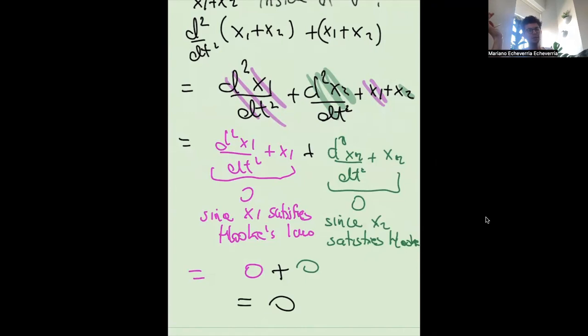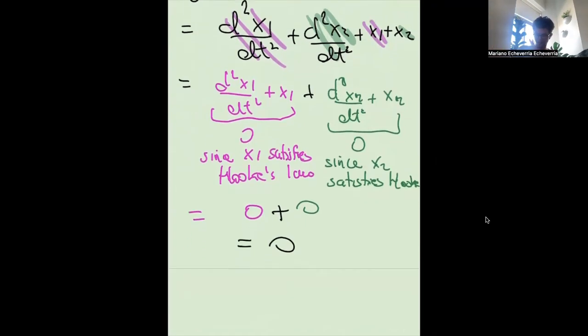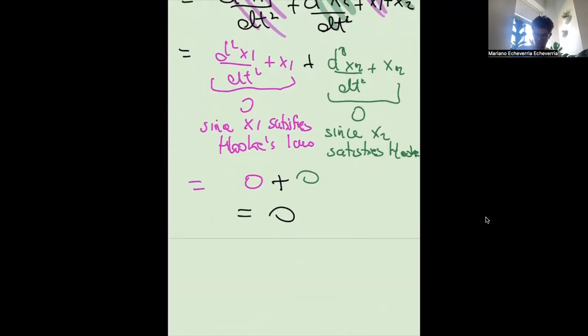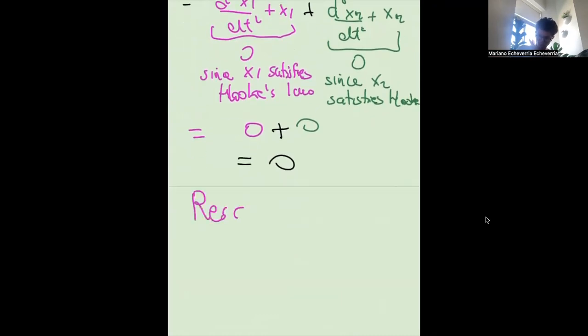And then the last property is the rescaling property.